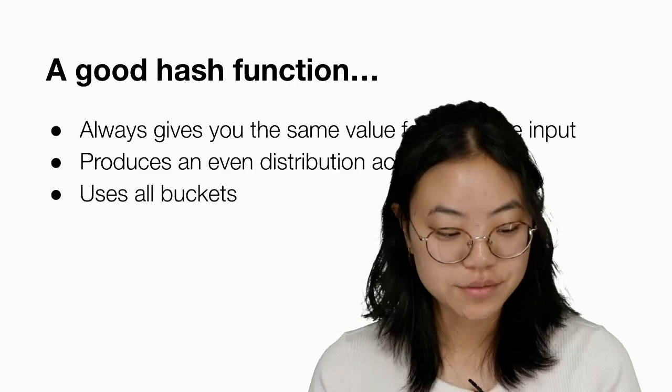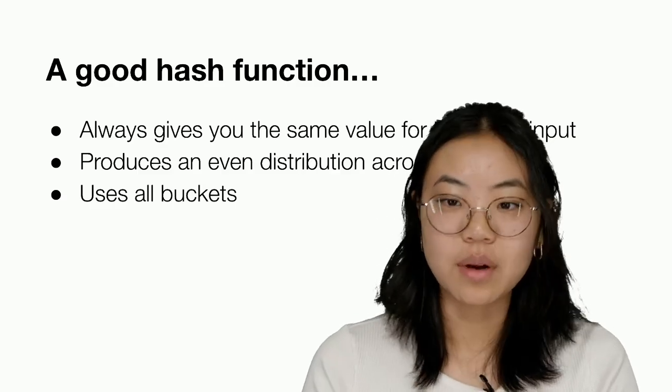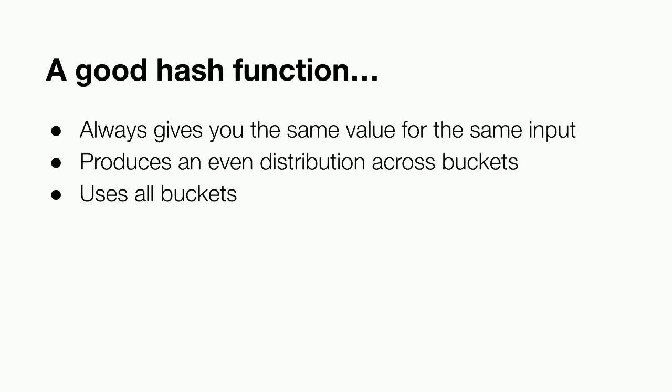And so a good hash function has certain properties. It's always going to give you the same value for the same input. So if I give it hey, the hash function should always give me the same value, and that should not change. It also will hopefully produce an even distribution across the buckets. So every bucket should be more or less the same length.